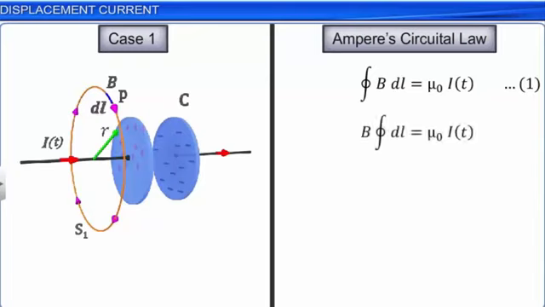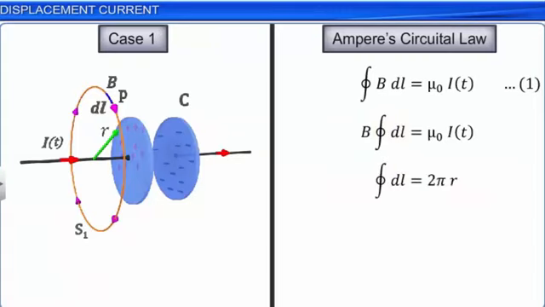Here, integral over the closed loop dl is the total length of the circular loop, that is, the circumference of the circular loop. Thus, integral over the closed loop dl is equal to 2 pi r. Let this be equation 2.